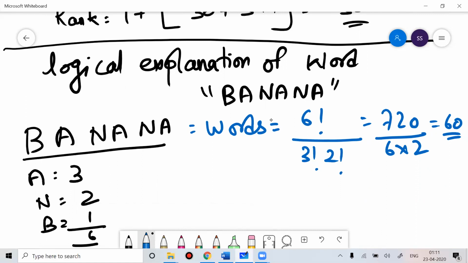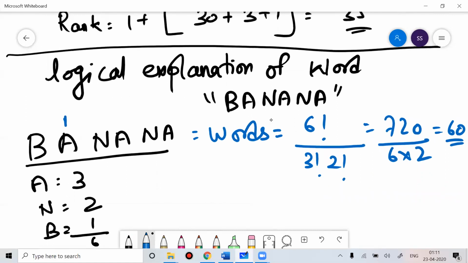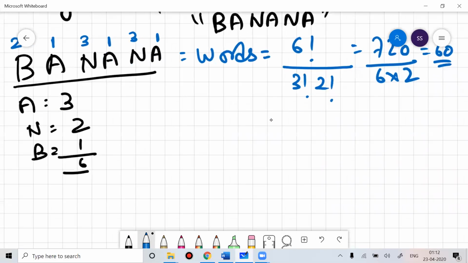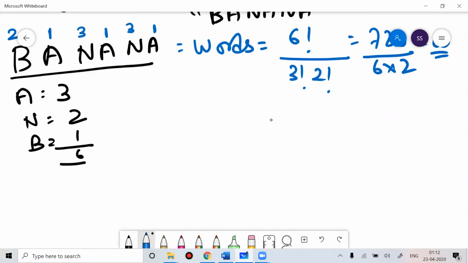Okay, so let's talk about this word banana, where the ranking of the first A will come. B, A are there. Then your B is there. Then your N is there. Correct. So dictionary wise, if you think which letter will come first, A will come first.